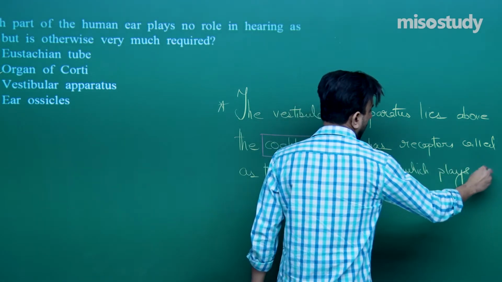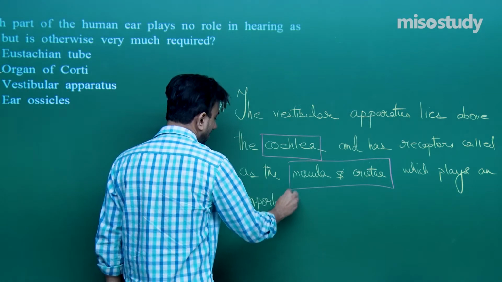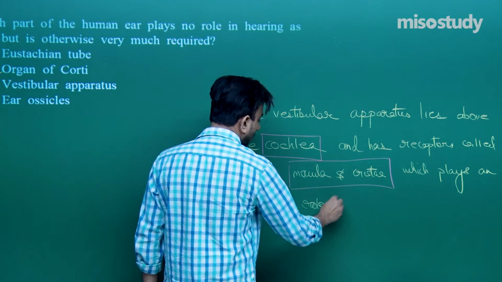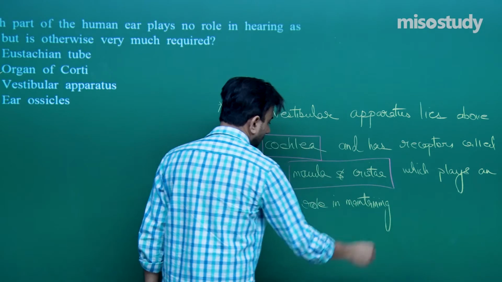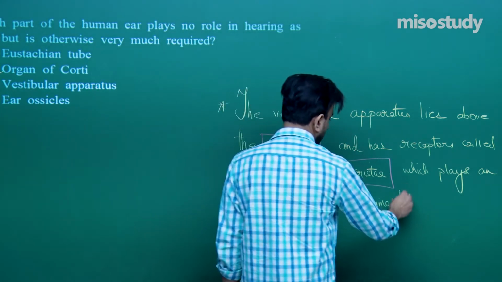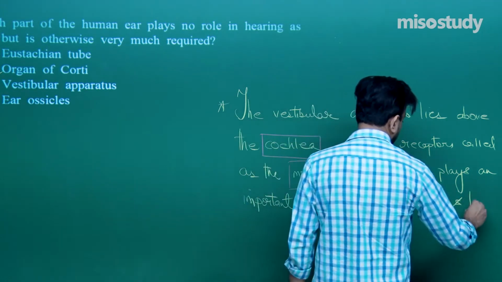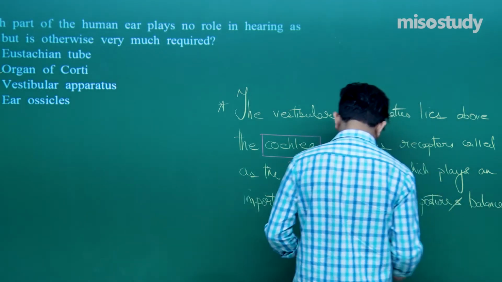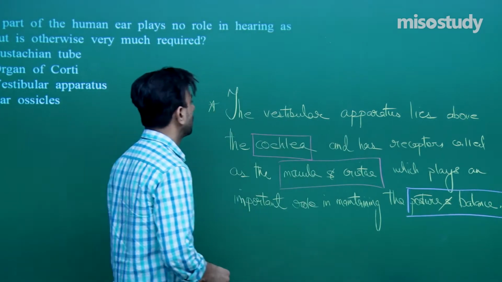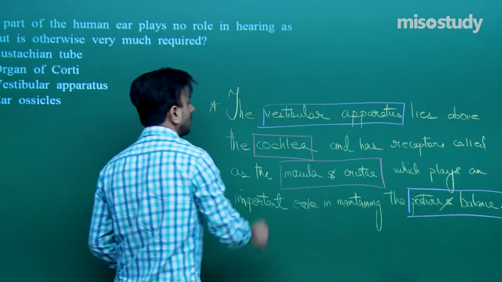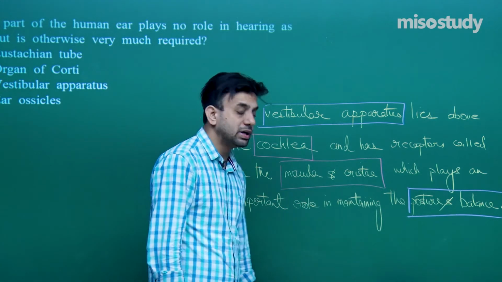in maintaining the posture and balance. The vestibular apparatus lies above the cochlea and has receptors called the macula and cristae, which play a very important role in maintaining the posture and balance.